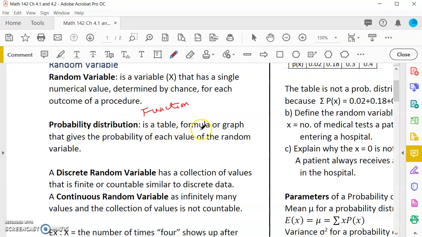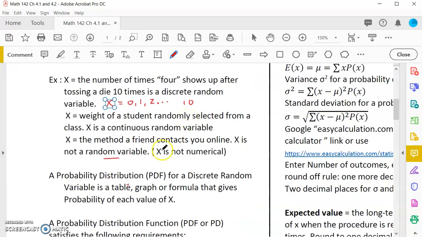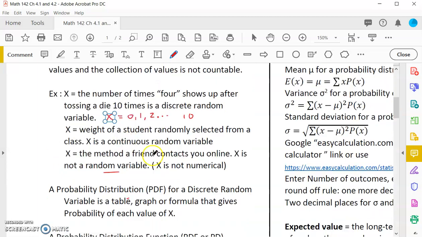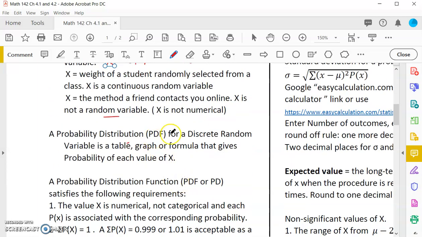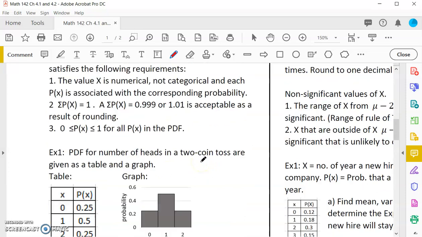It's a table or formula so that for every x you can assign a P of x if it is a discrete random variable. Here is the definition: a PDF of a discrete random variable is a table that gives the probability of each value of x.